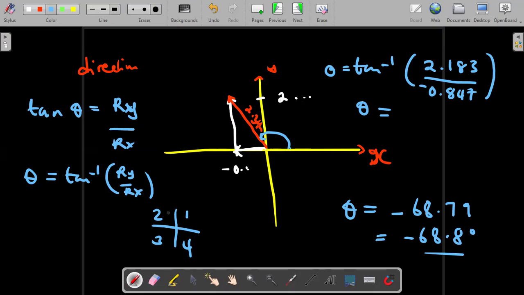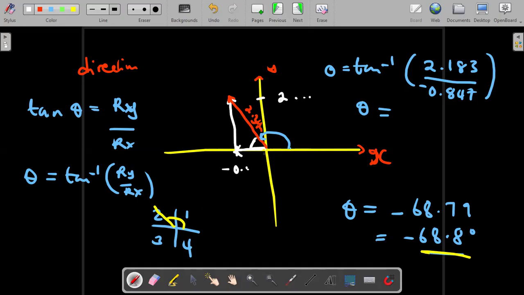So where is our vector sitting? In the second quadrant. And as it is sitting in the second quadrant, the angle is moving from the positive x-axis up to there. So the negative angle which we found is this small inside angle, which is this one.